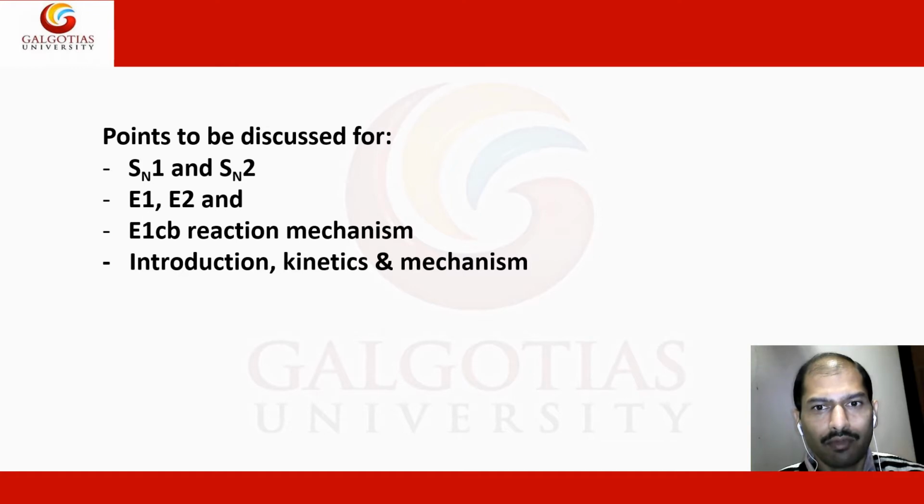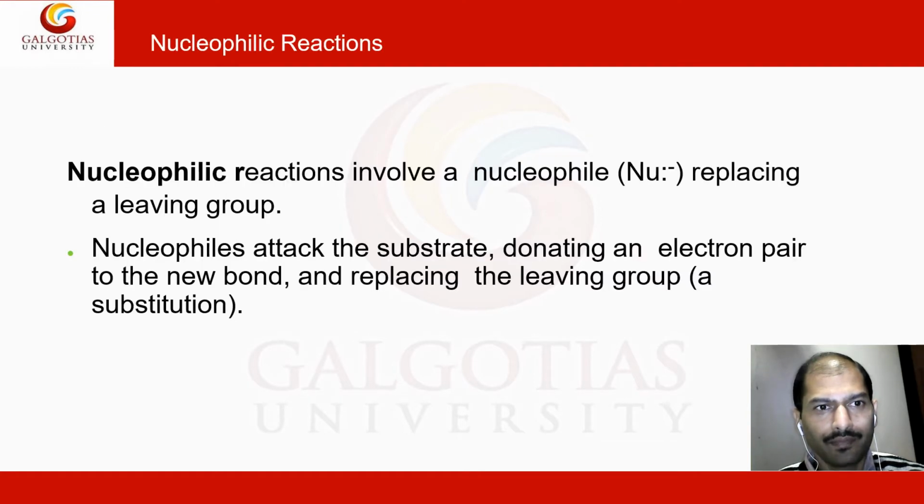So here we'll go one by one, starting from the nucleophilic reactions, because SN1 and SN2 reactions are generally categorized under nucleophilic reactions. Here a nucleophile is involved, in whose presence the reaction takes place. So this replaces a leaving group.